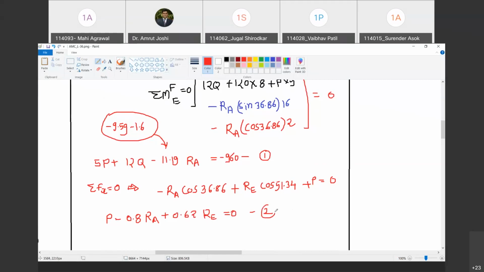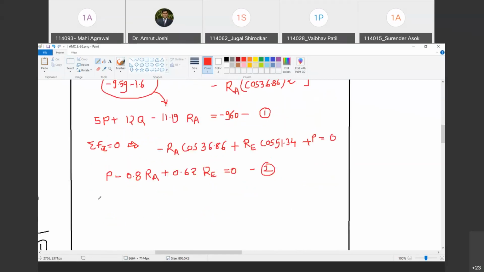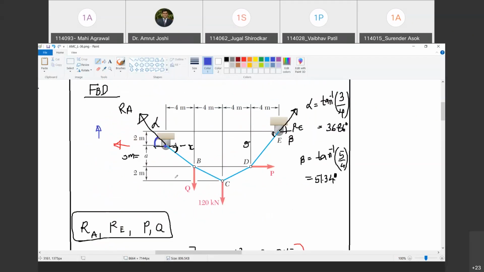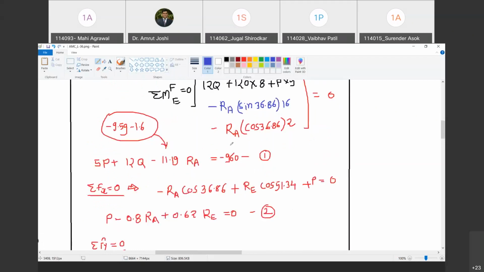Happy? Yes, sir. Now let us try the third equation. So what is the third equation? Summation Fy equal to 0. Happy? Yes, sir. So let us write that equation. So what is summation Fy equal to 0? RA sin alpha plus RE sin alpha. So I will write it.